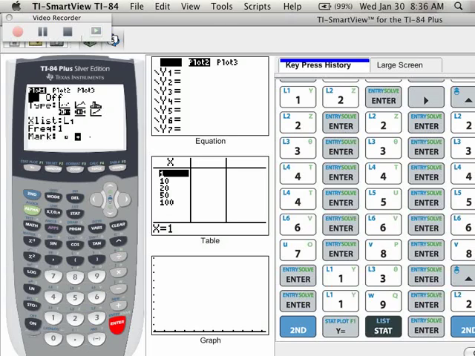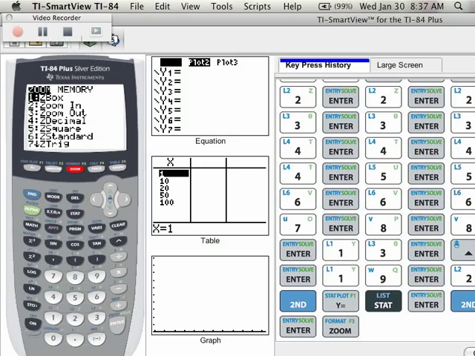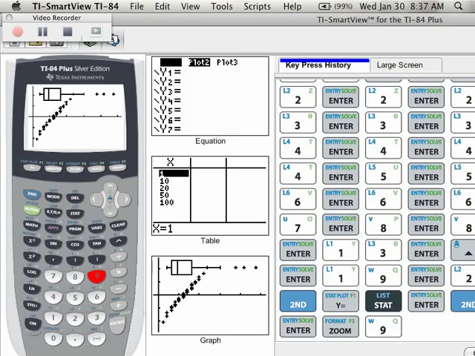The probability plot is the very last picture, the sixth one. So I arrow down to the very last type of graph and hit enter. I want to be in list 1, because that's where all my data is. I want my data axis to be the x-axis. I like the plus symbols. Then I go zoom stat, which I think is 9, and I look at my data.